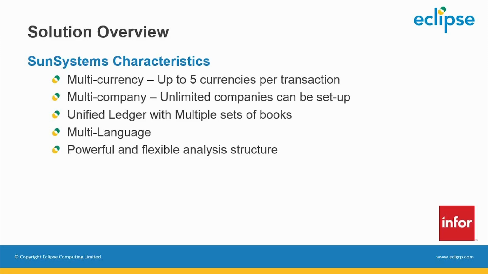So we can set up all sorts of different analysis dimensions that can be used to capture cost centers, project codes, also pretty much anything you can think of. And again, in the latest version of SunSystems 6.2, that's something that's been extended even further through one of the latest pieces of functionality, which is called extended analysis.